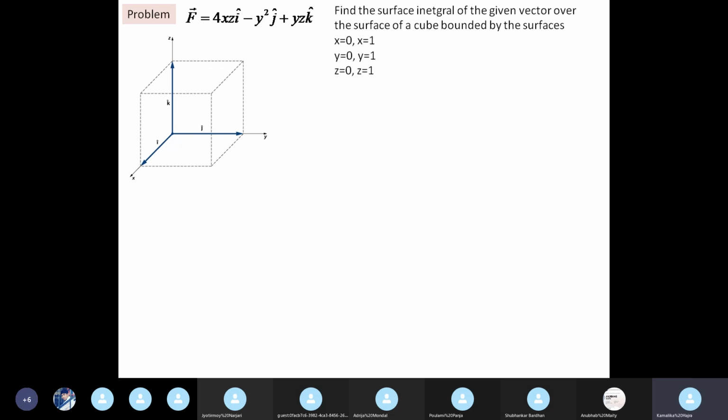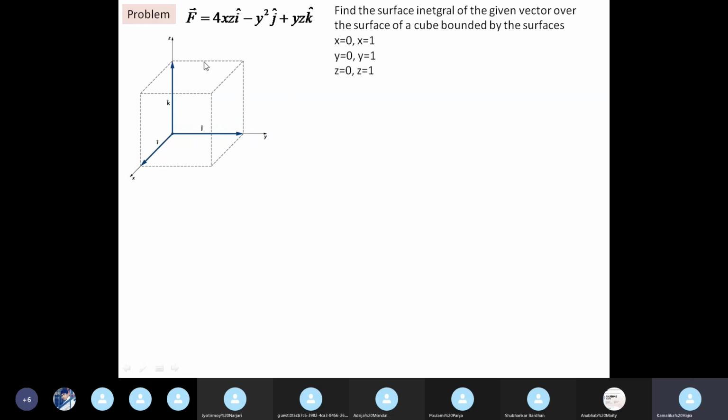The xyz plane, and we have a cube which is made by the surfaces. x equal to 0 is this surface, x equal to 1 is this front surface, y equal to 0 is this surface here, y equal to 1 is this surface, the right surface, z equal to 0 is the bottom surface, and z equal to 1 is the top surface.